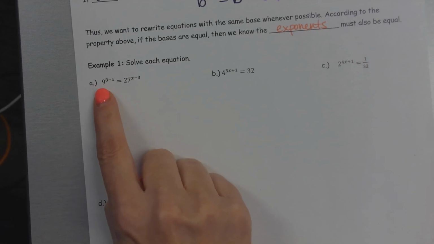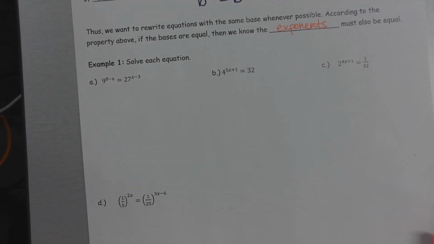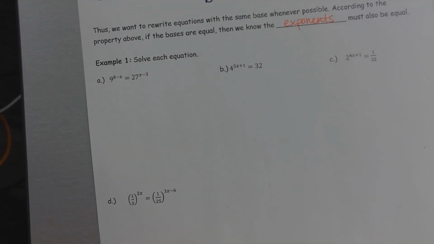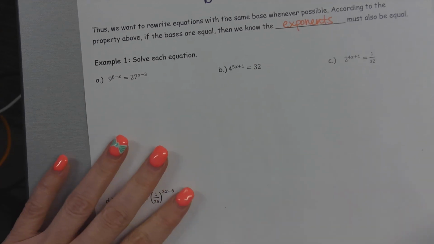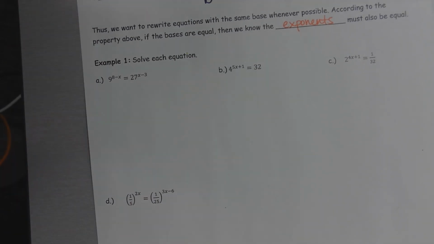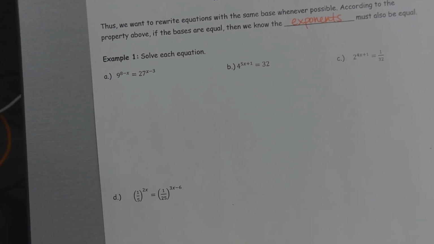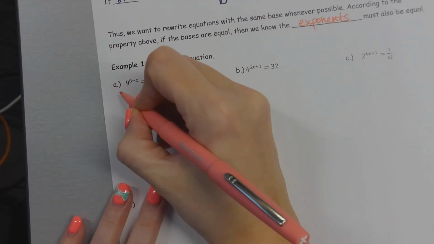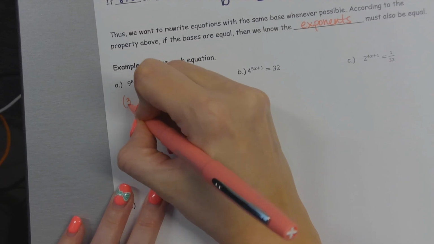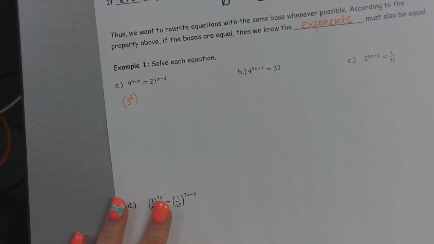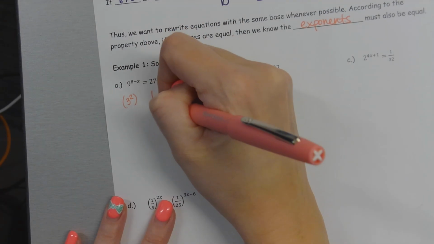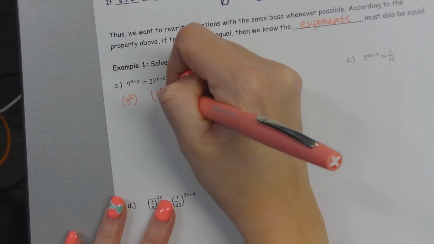What can I, instead of 9, how can I rewrite that with a different base? So 9, you can rewrite as 3 to the power of what? No, 27 would be. But this one would be 3 to the power of? Yes, great. Okay, so 9 you can rewrite as 3 squared. And 27 you can rewrite as 3 cubed.